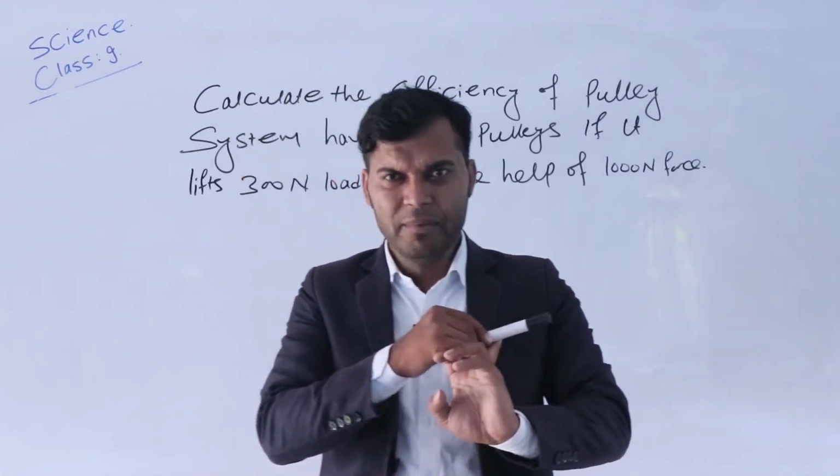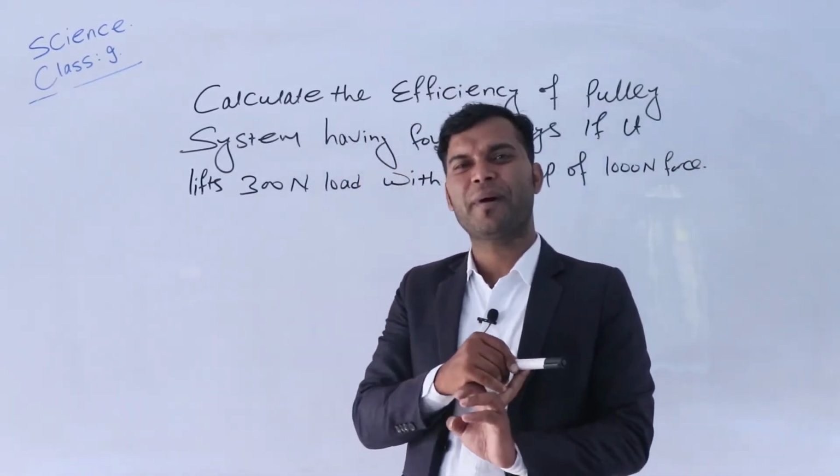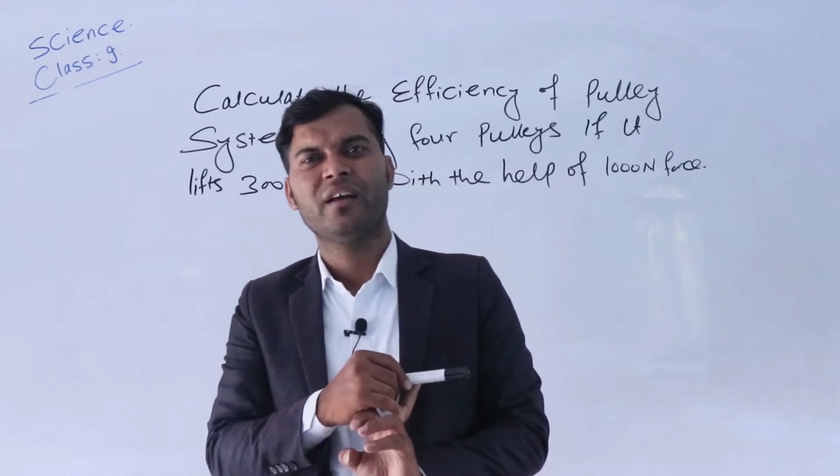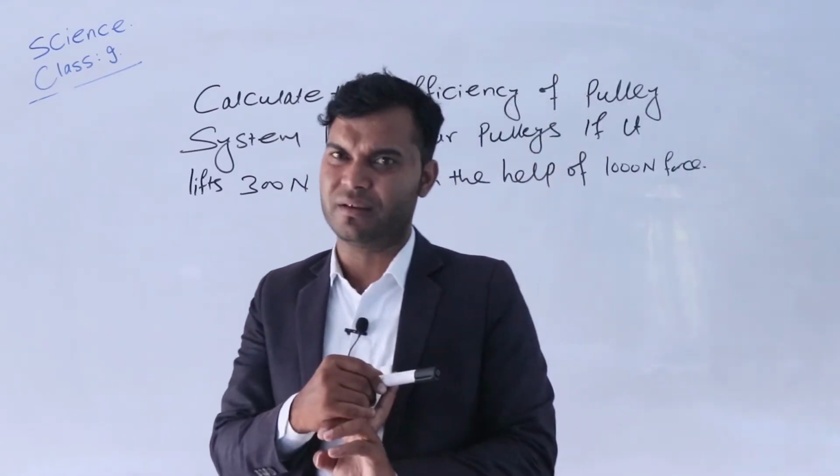In this system, the VR is 2, because the distance traveled by the effort is double the distance traveled by the load.